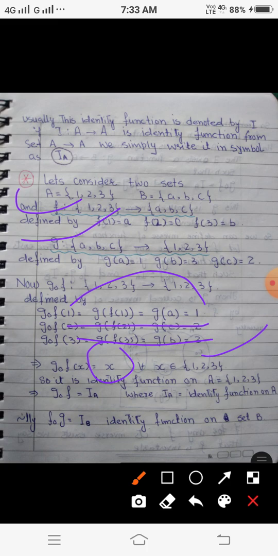Here x is related with x for all x in {1, 2, 3}. This set is denoted by A, so g of f is IA, the identity function.